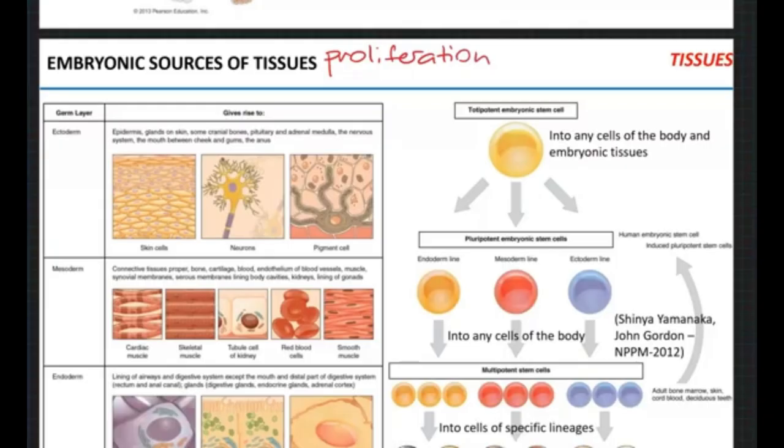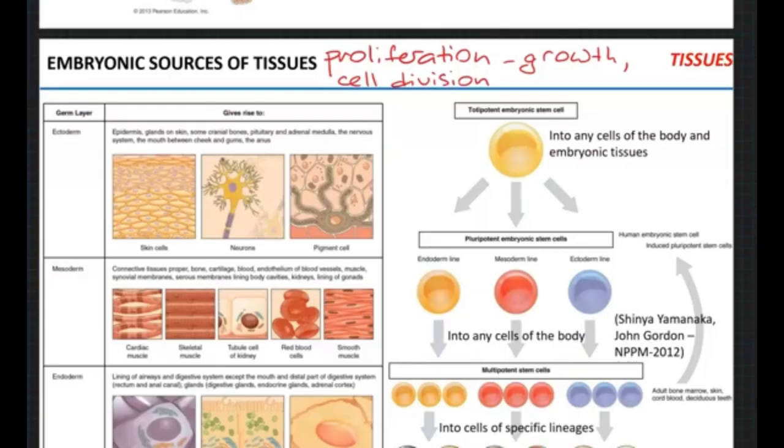I am going to use it. It's growth, cell division. For instance, when we think about a tumor, cells divide. They divide abnormally. So we can say that it's an abnormal proliferation.